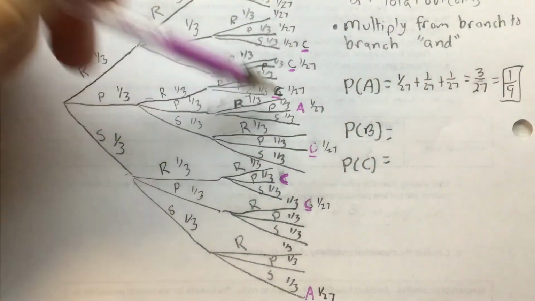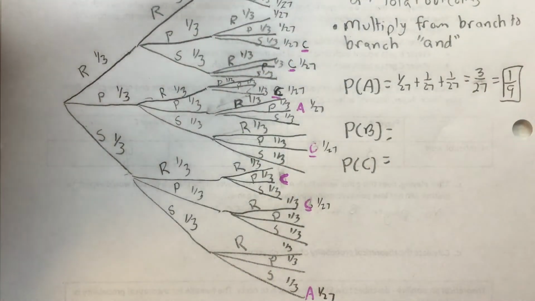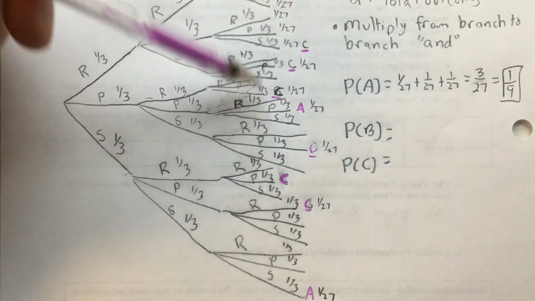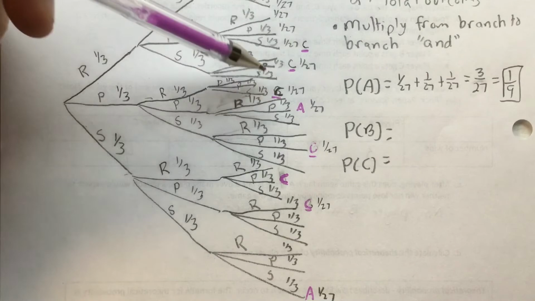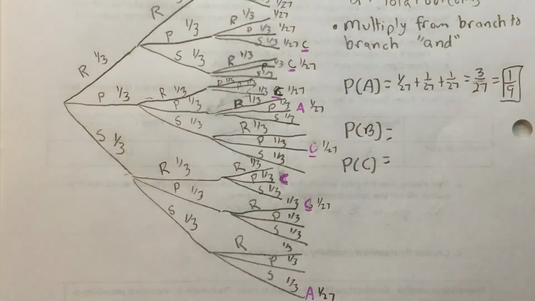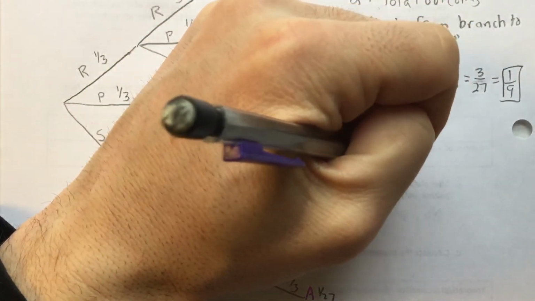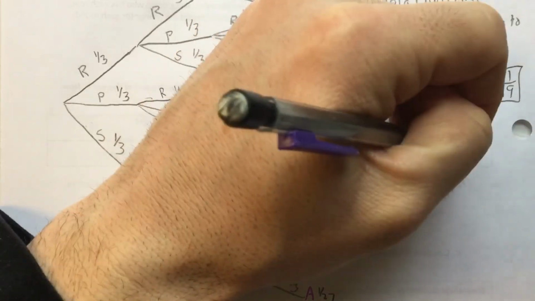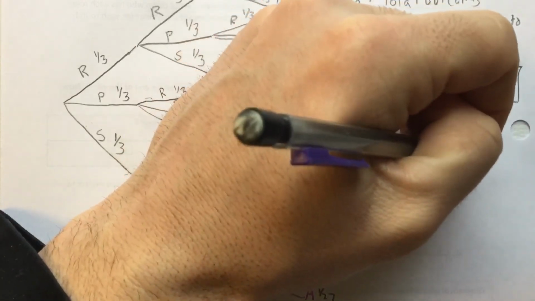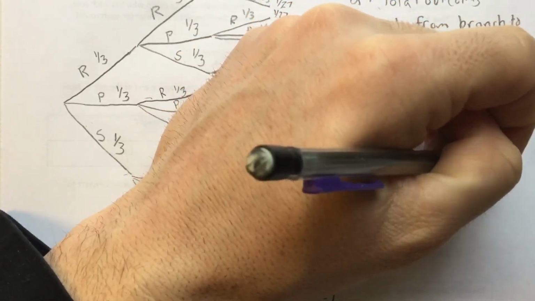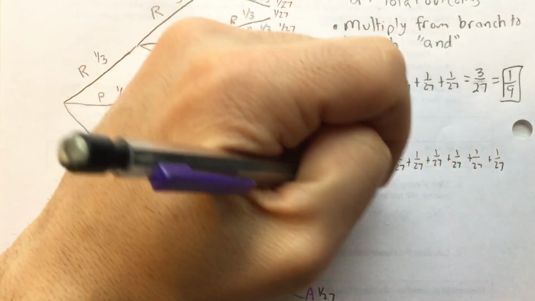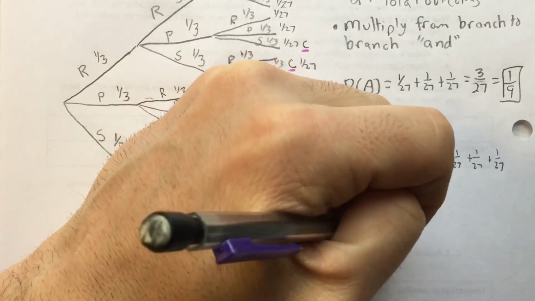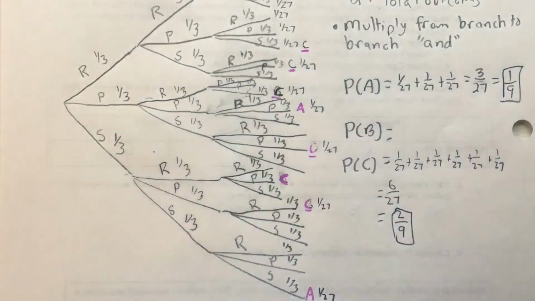So that's 1, 2, 3, 4, 5, 6. 6 C's. So that's 1 out of 27 that we're adding 6 times, which is going to be 6 over 27, or 2/9. So that has a little bit better of a probability.